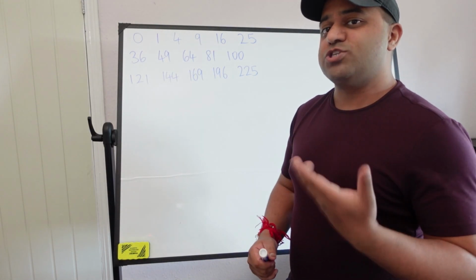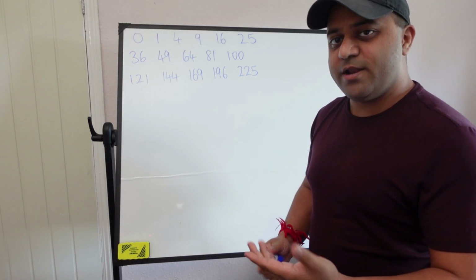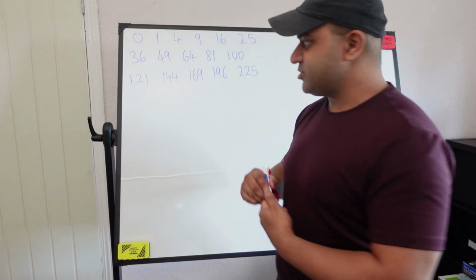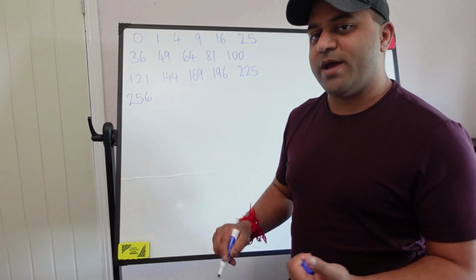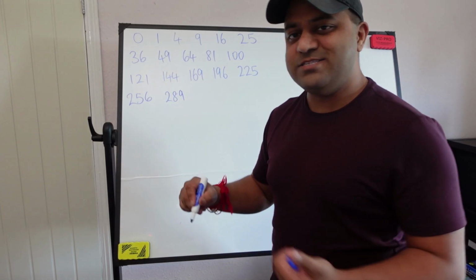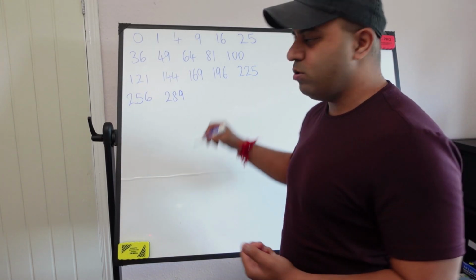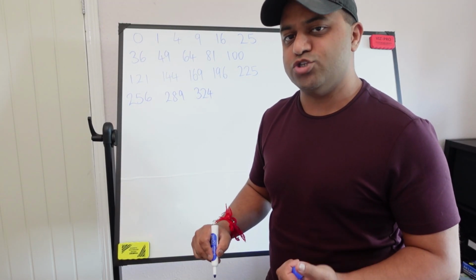Now, if you want to challenge yourself, let's go a bit further. So 16 squared is 256. 17 squared is 289. 18 squared is 324. 19 squared is 361.